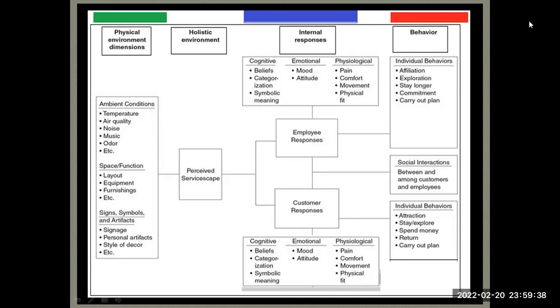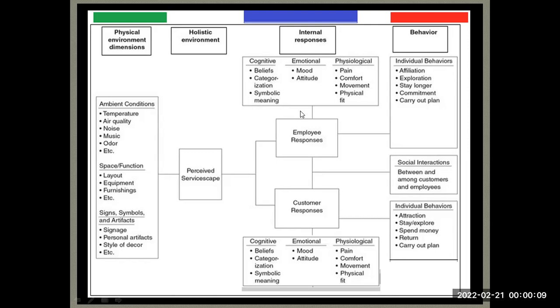So physical environmental factors or dimensions will create perception in the minds of the employee. Not only that, they will also create perception in the minds of the customer. So a lot of things start happening in the minds, and they will start giving internal responses. Let's see how the employee will give internal response.